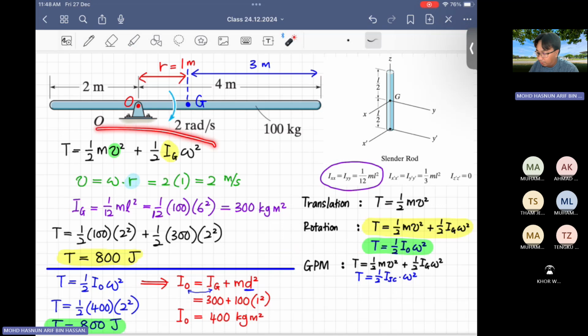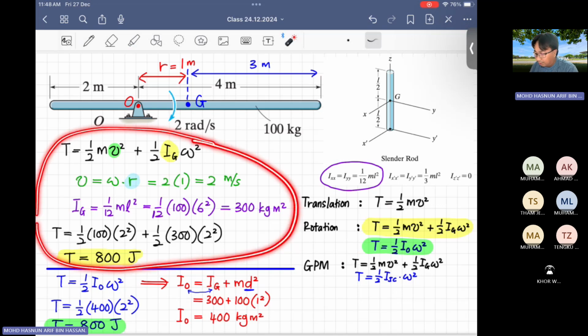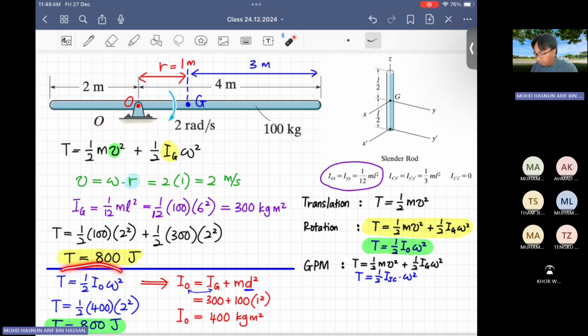The general method takes longer steps, while this one takes only 3 lines of calculation to get the same value. Any question on the calculation of kinetic energy?